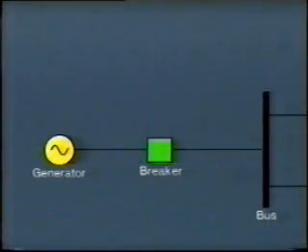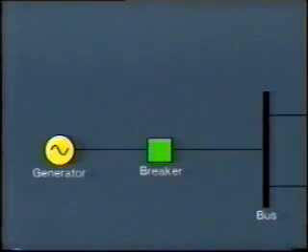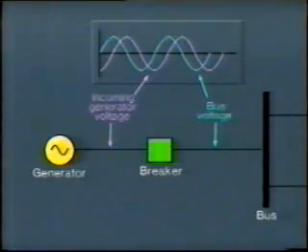The third, very important factor is that the incoming generator voltage must be in phase with the bus voltage. What do we mean by this? Well, look at this example showing one phase only. Here is the sine wave representing the bus voltage, and here, superimposed, is the incoming generator voltage.